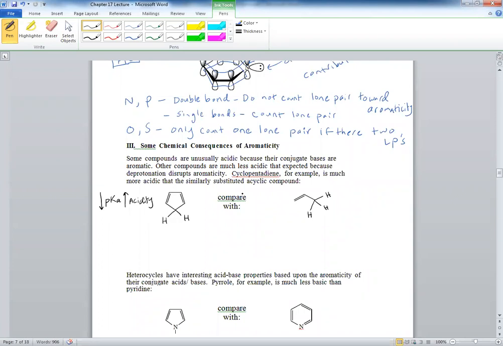So the hydrogens here, this compound has a pKa of 15. It's incredibly acidic in comparison to this one, which has a pKa of 45.